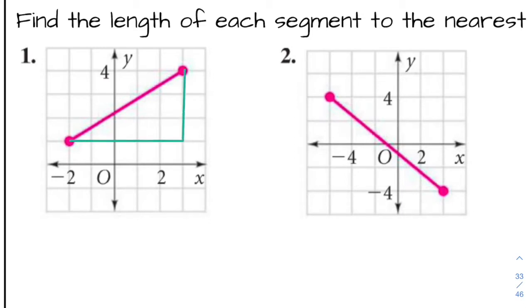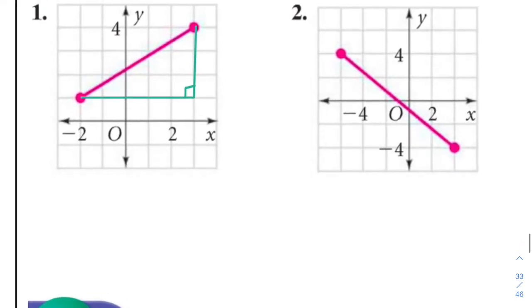So for number 1, and only for number 1, I'll do both methods. So with the Pythagorean theorem here, we have a length of 5 and a length of 3. So I can do 5 squared plus 3 squared equals, in this case, the hypotenuse, which would be the radius. So h squared.